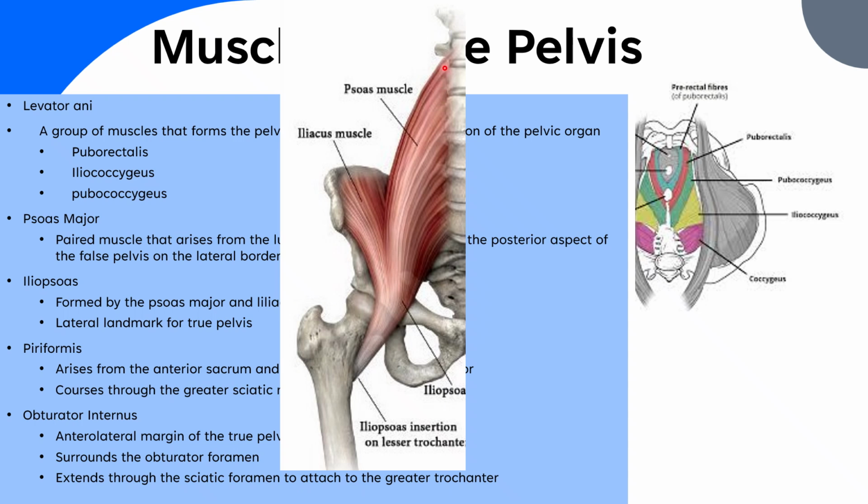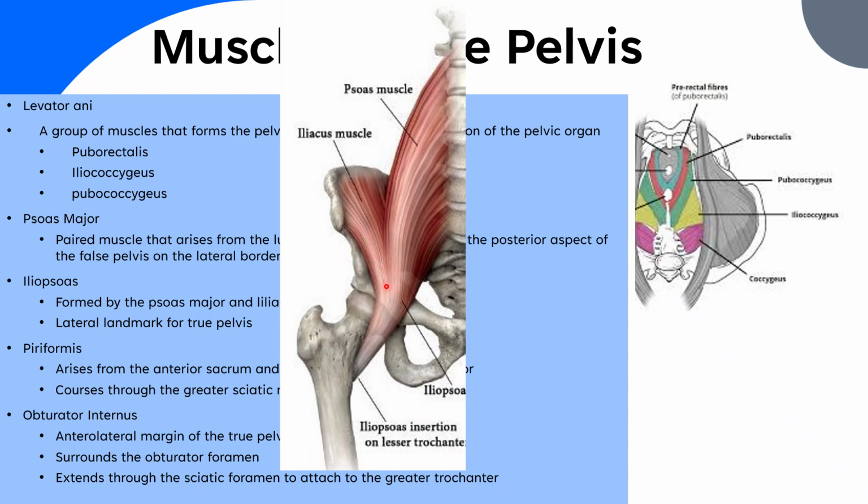That psoas major muscle arises from the lumbar spine, meaning it comes from the lumbar spine and descends, coming down in the caudal position on the posterior aspect of the false pelvis. Remember, the false pelvis is from the iliac crest to the pelvic brim. So it is going to keep coming down. At that point, we have the iliacus muscle, which comes off the iliac crest.